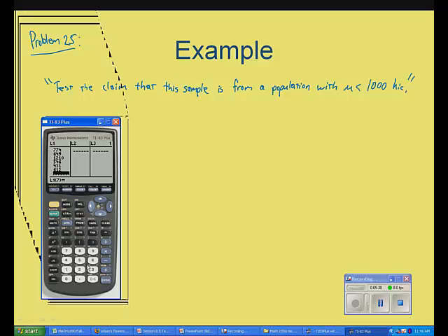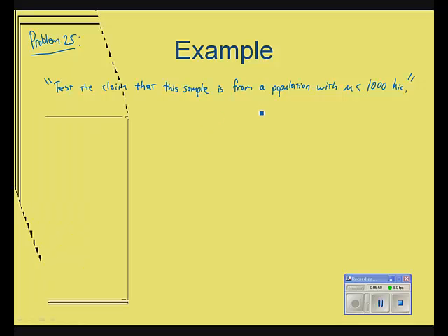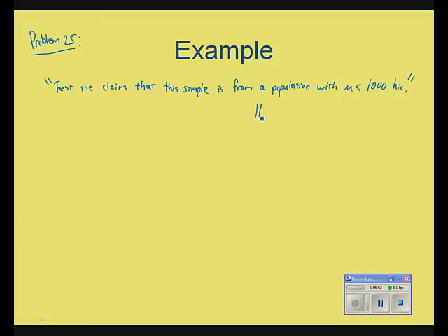What do you think? Do you think the population mean is less than 1,000? Well, that's what I want to test, right? So let's do this. Let's say, well, what would be the null hypothesis? Mu has to be equal to something.